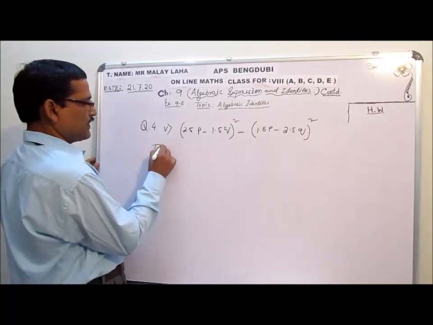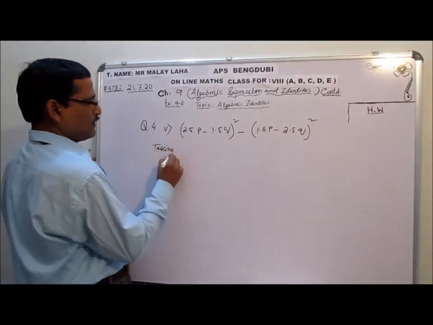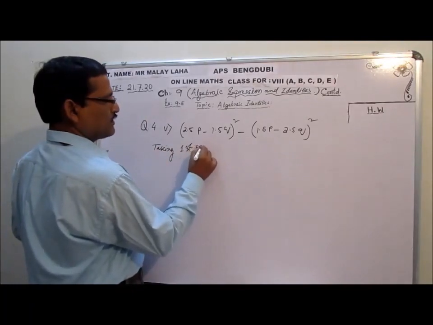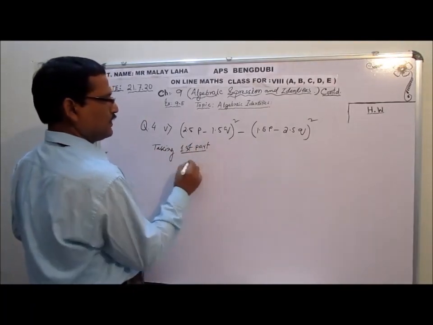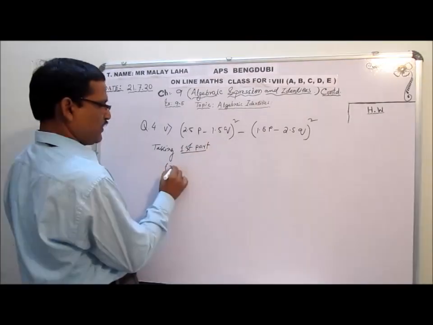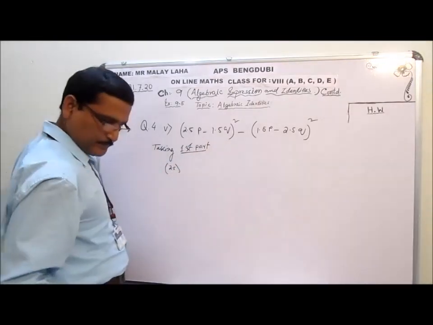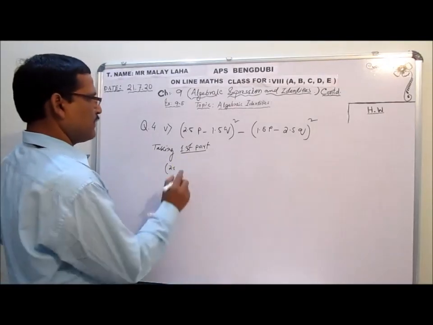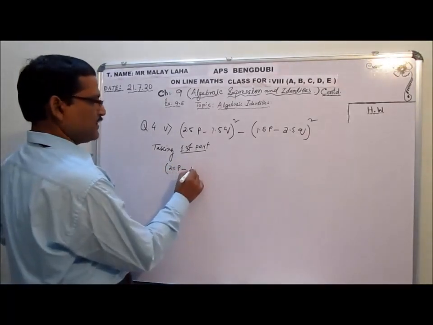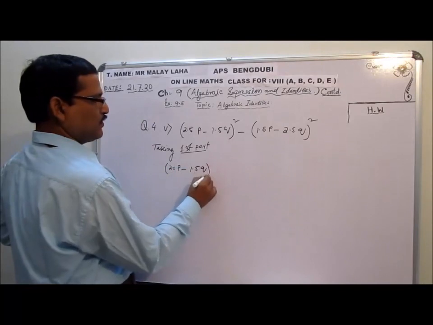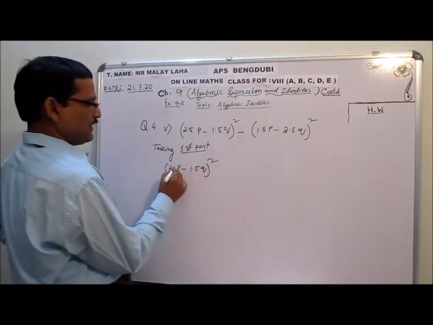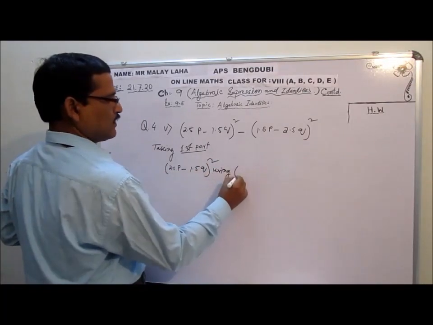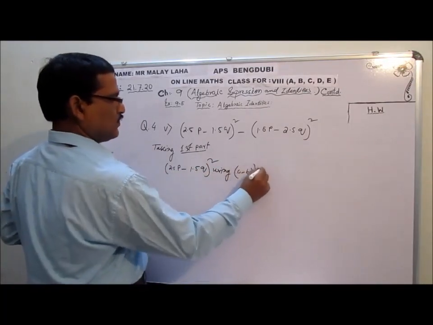So I will write. Taking the first part, it is (2.5p minus 1.5q) whole square, using a minus b whole square.